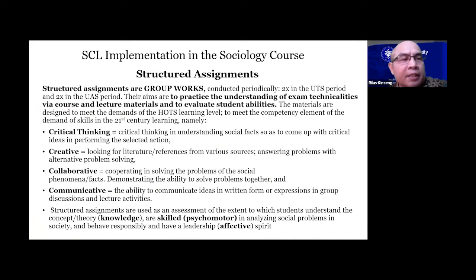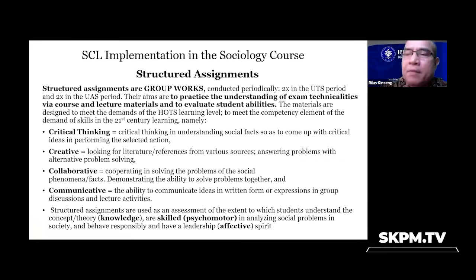Okay, so as I mentioned before, you're going to have two structured assignments before the midterm, and another two structured assignments after the midterm. So what is a structured assignment? Structured assignments are group work. You're going to do it together in groups.